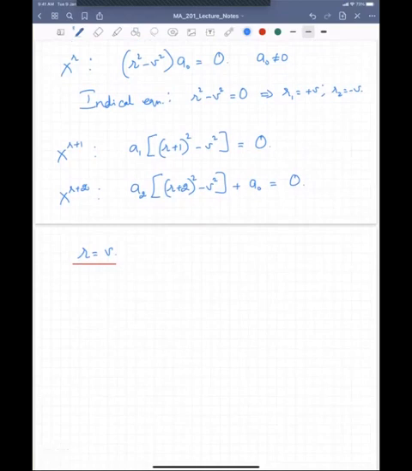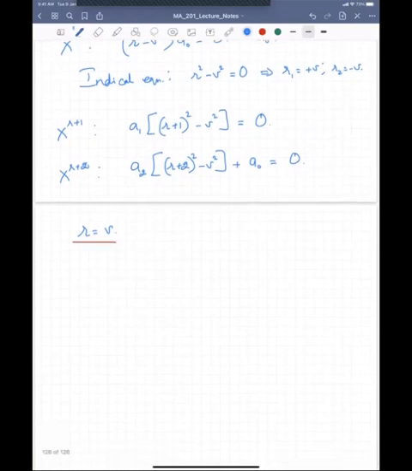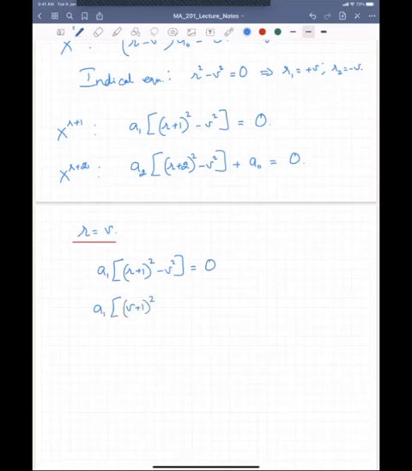Well, look at the coefficient of x to the r plus 1. If I look at the coefficient of x to the r plus 1, I get A1 times ((r plus 1) squared minus nu squared) equals 0. Okay, what is this? If I put r equals nu, this is basically A1 times ((nu plus 1) squared minus nu squared) equal to 0, which tells me A1 times, the nu squared cancels here, and I get 2 nu plus 1 equal to 0.